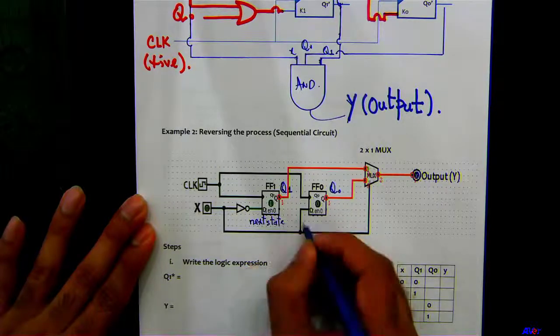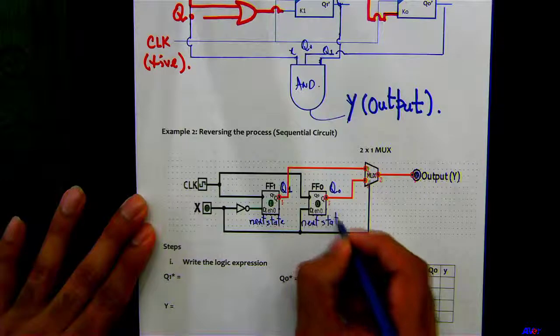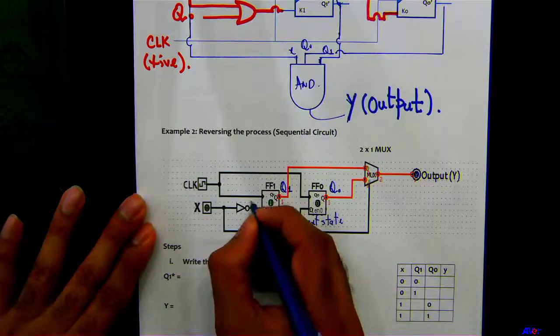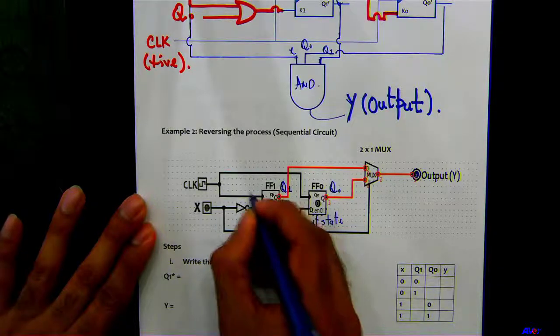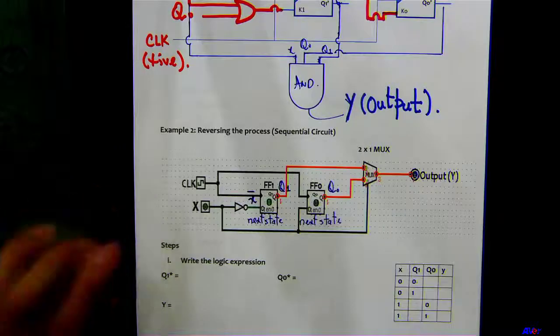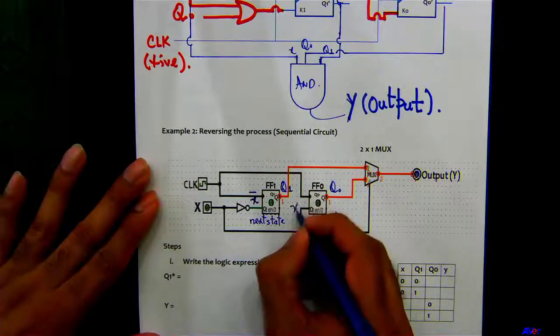This one and also this one. If this is X, this has to be what? X bar. Okay, and what is this input going into this? This is what, guys? X, right?